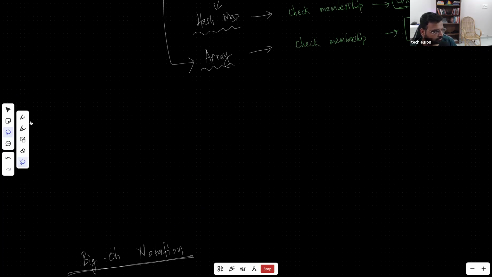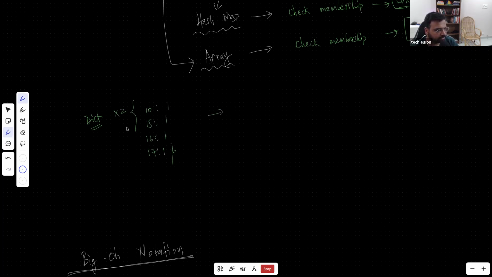Which means that suppose you are having a dictionary with keys 10, 15, 16, 17, and this is my X. Suppose you want to check whether 15 is in X. This you can do in constant time.